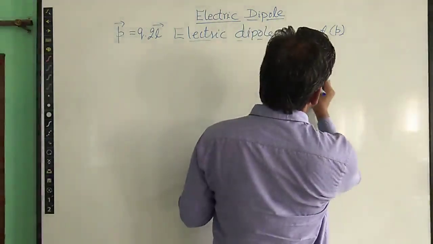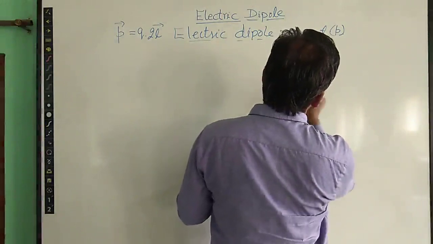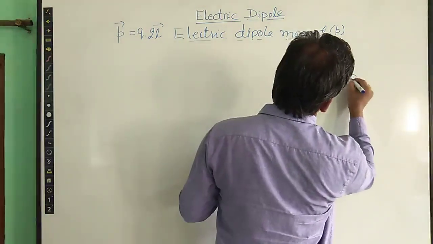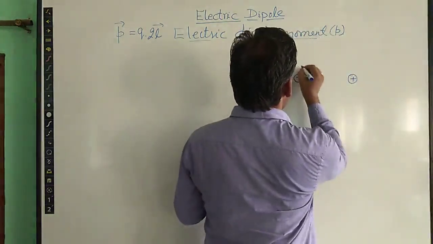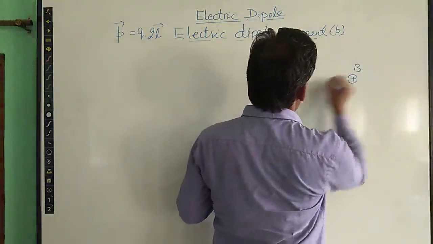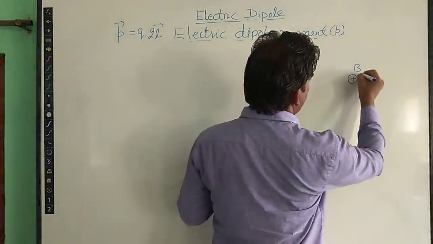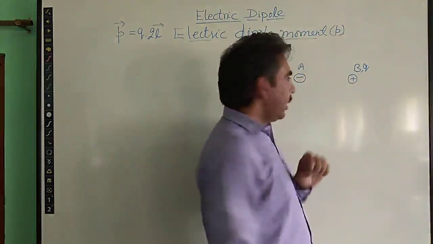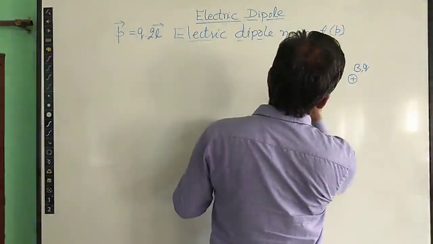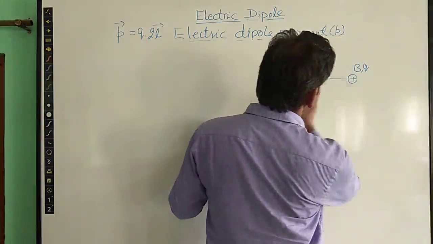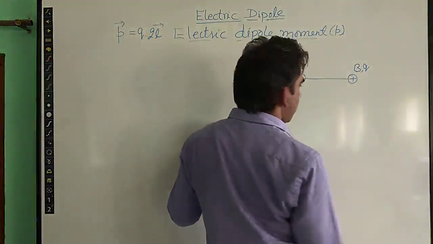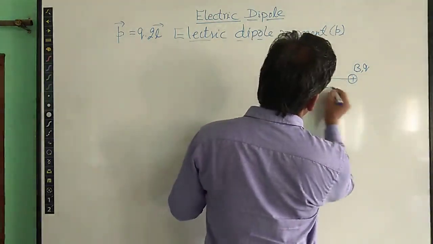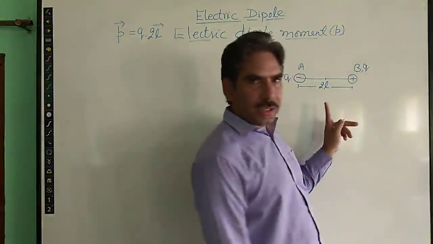Suppose that we have a negative charge here and a positive charge here, of equal magnitudes, at point A and at point B. This is Q, this is also Q, right? And the length of this electric dipole is taken along the line joining the centers of the two charges. So this is 2L, twice of L, which is taken as the length of the dipole.